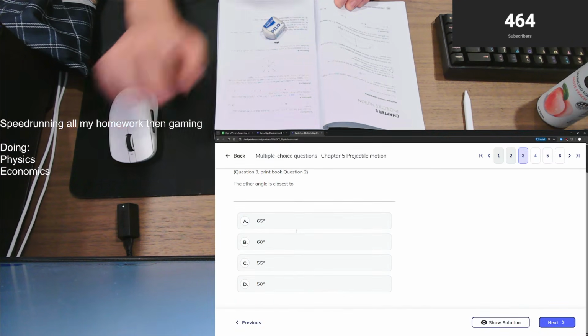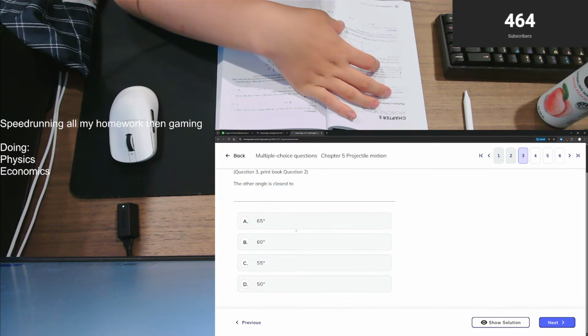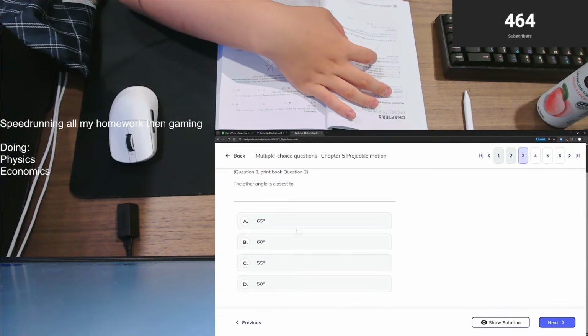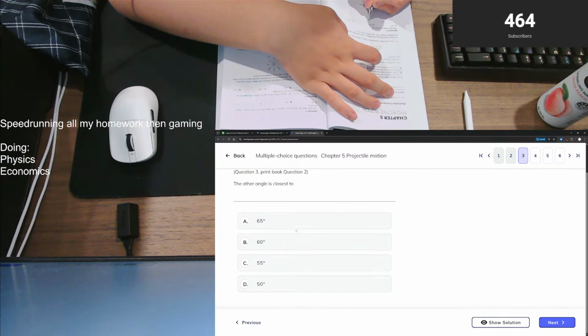Closest angle is closest to 70. 180 divided by 2 equals 90.